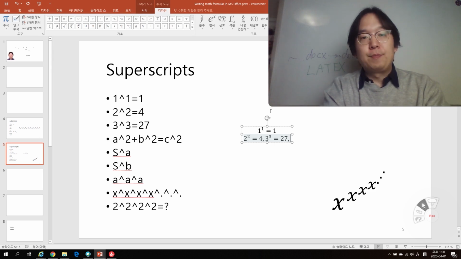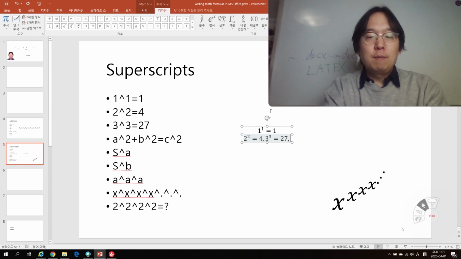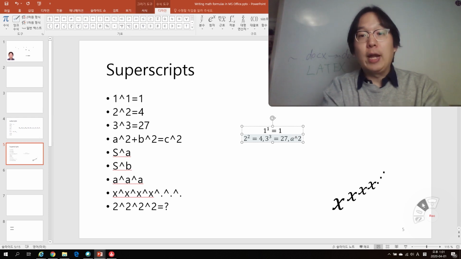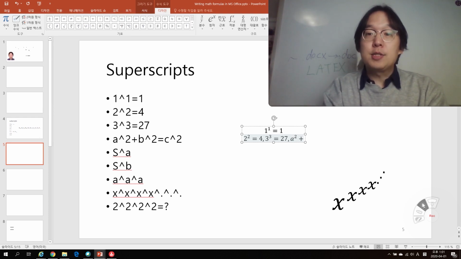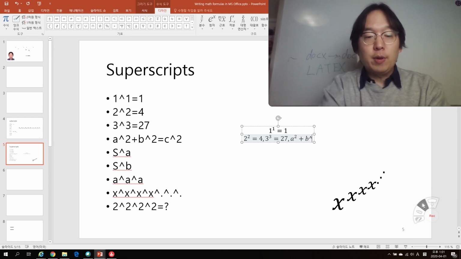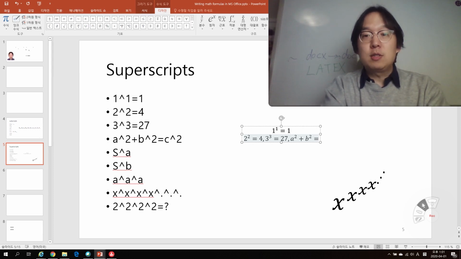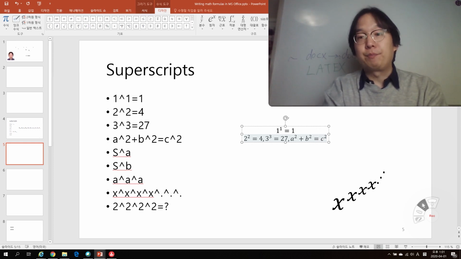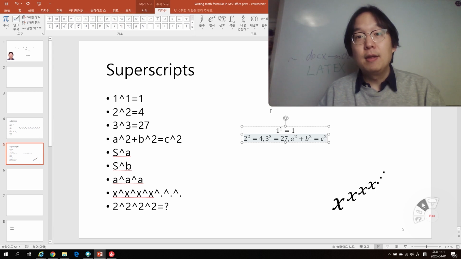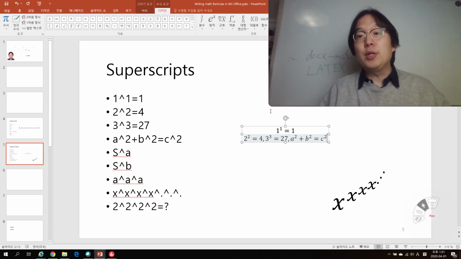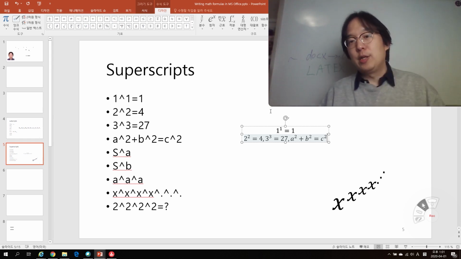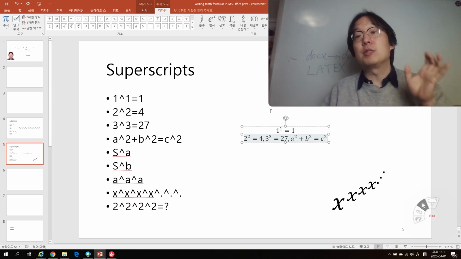And then how about the Pythagorean theorem? a squared plus b squared equals c squared. Each time you punch the wedge, the next character becomes a superscript.